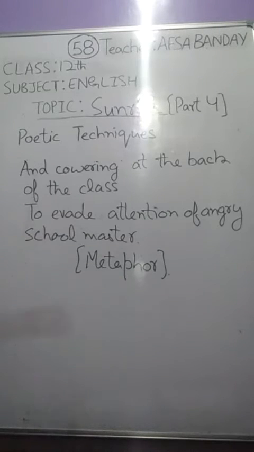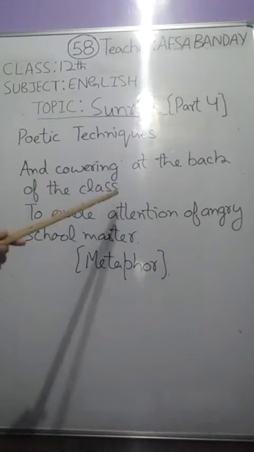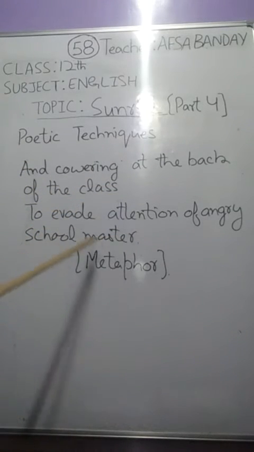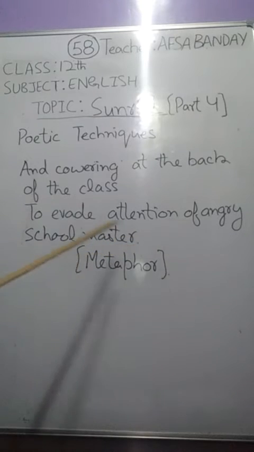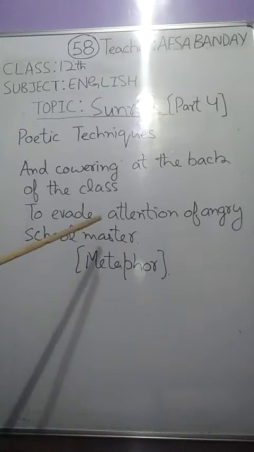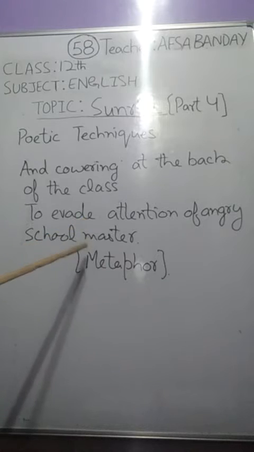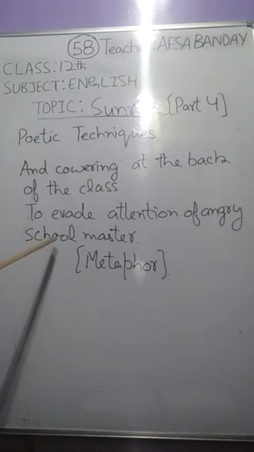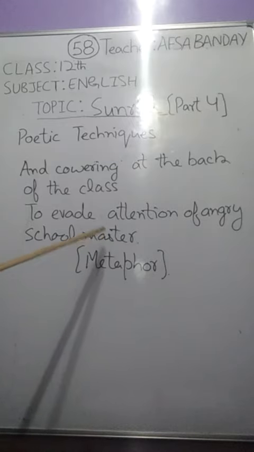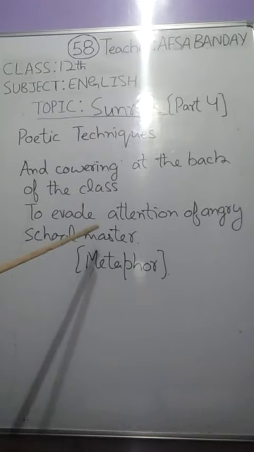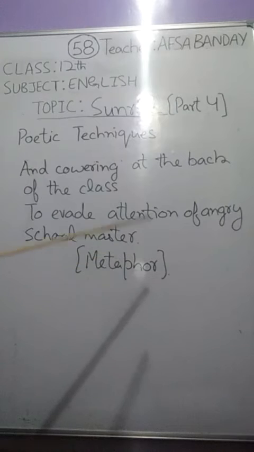Moving to the next poetic device used in the poem. Here, like a schoolboy quickly entering and cowering at the back of the class to evade the attention of the angry schoolmaster. Here this angry schoolmaster refers to the sky. So it's a comparison: the sky has been compared with the schoolmaster because it is angry with the sun, because the sun has left it alone.